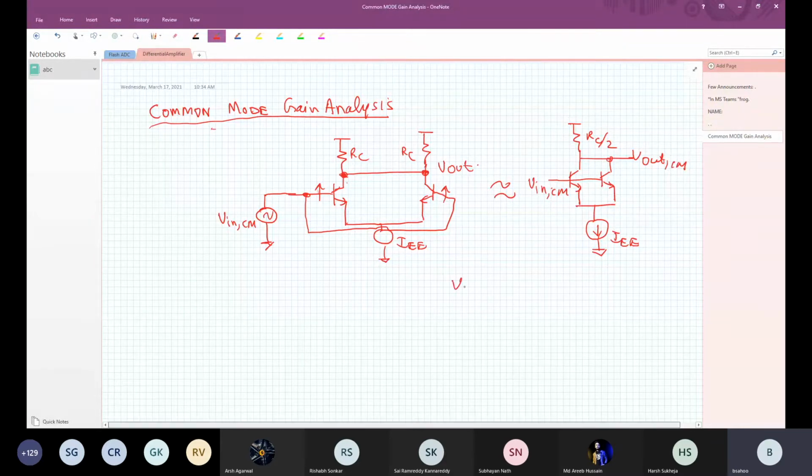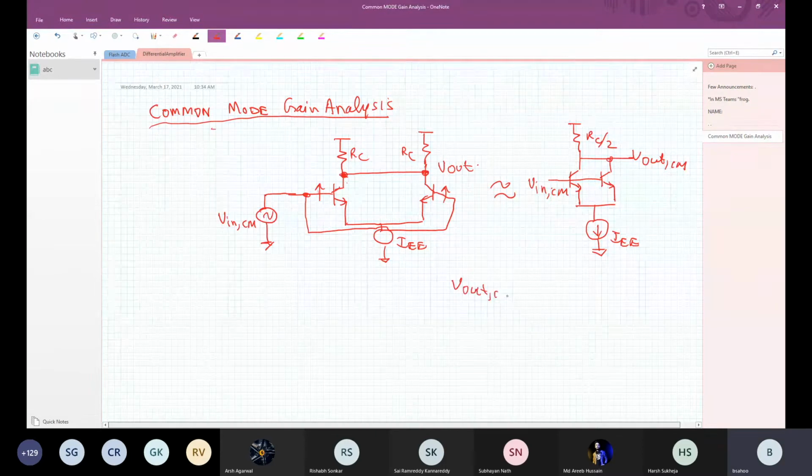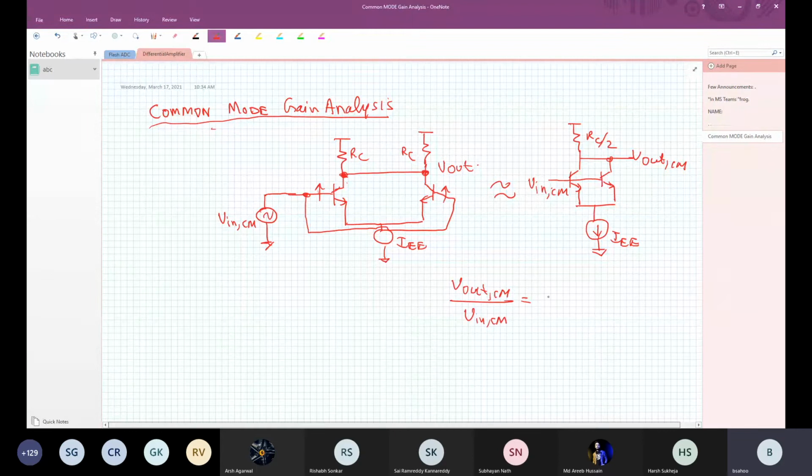V out CM divided by V in CM is called AVCM, the common mode gain. So what is the common mode gain in this circuit? Anybody, by looking at this circuit?